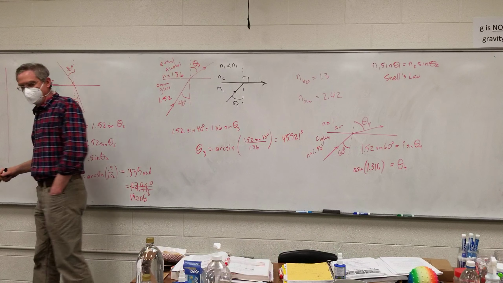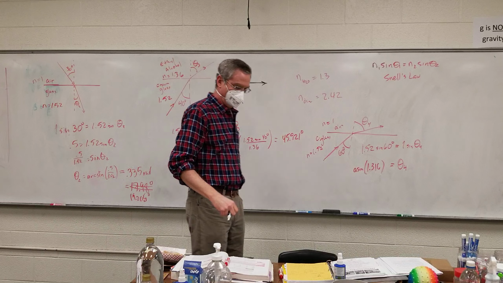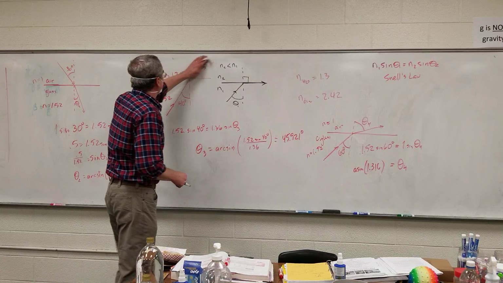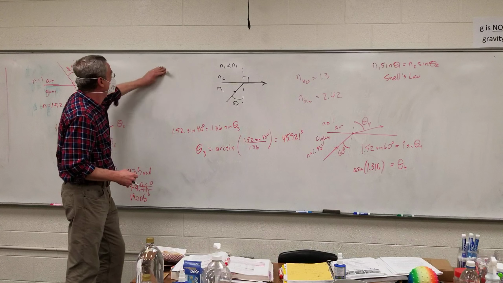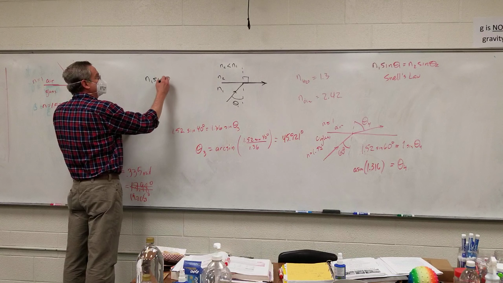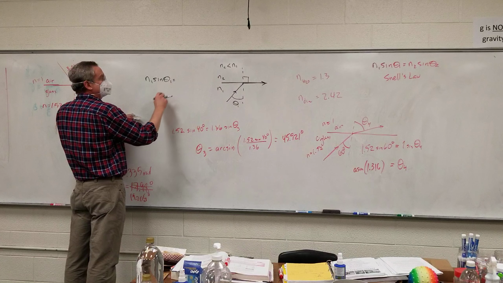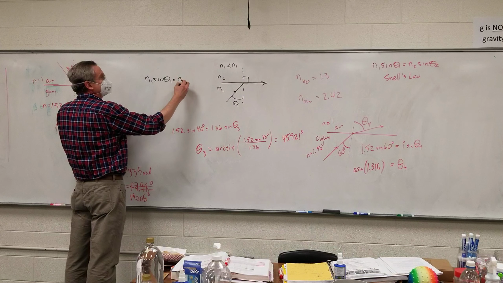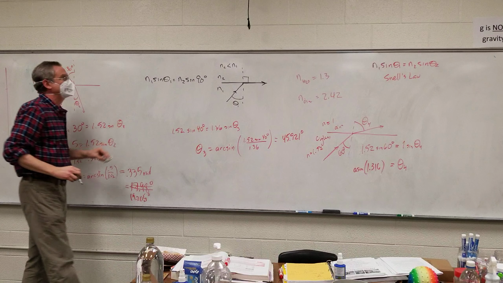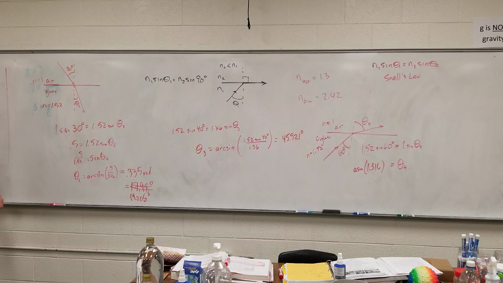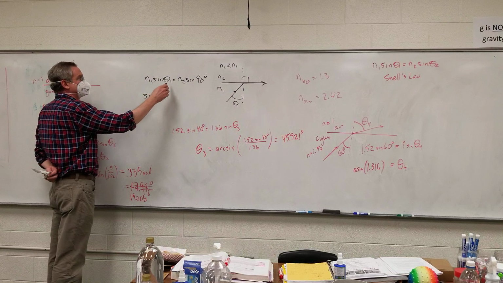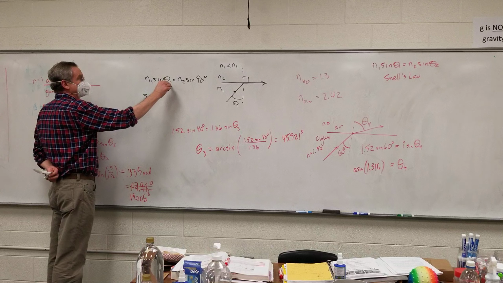So I plug into Snell's law. N1 sine of theta 1 is equal to N2 sine of 90 degrees. This is the critical angle, so I can label that as theta sub c.